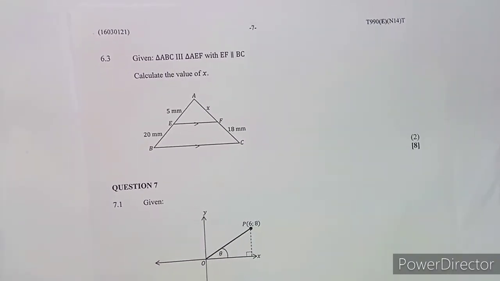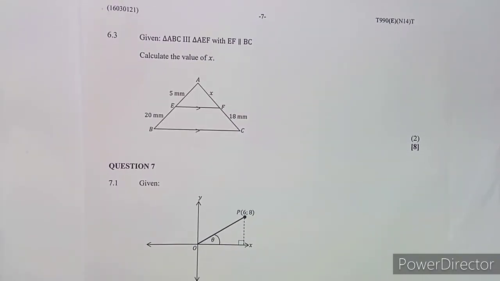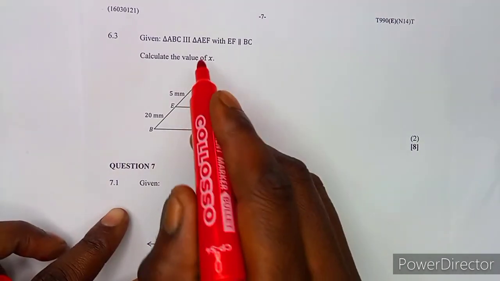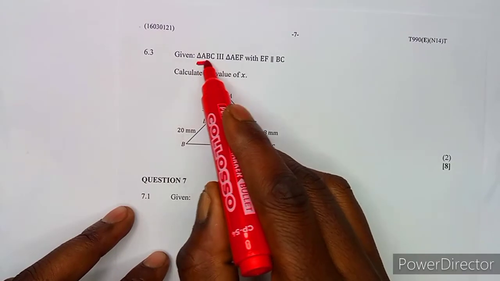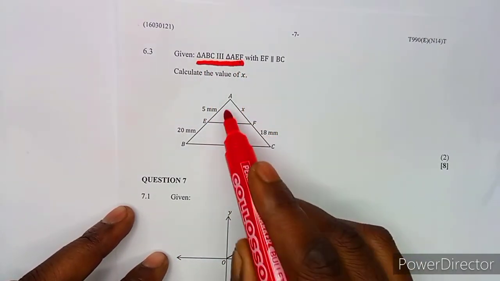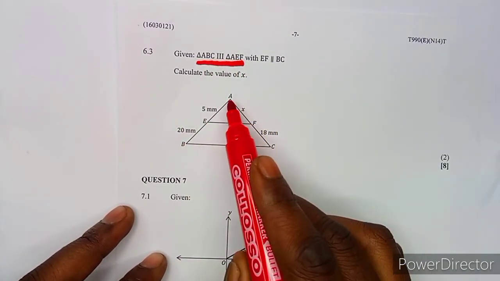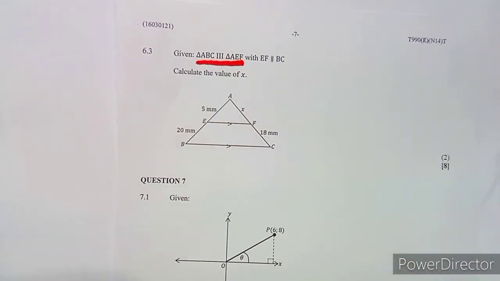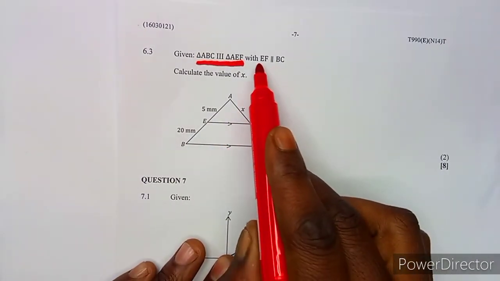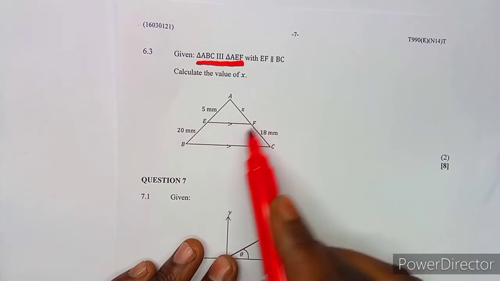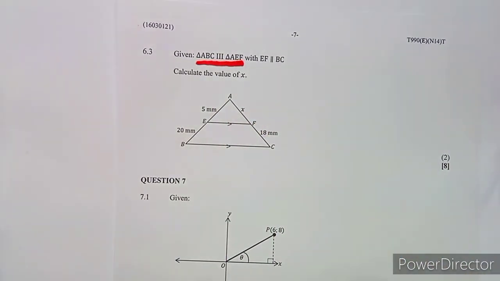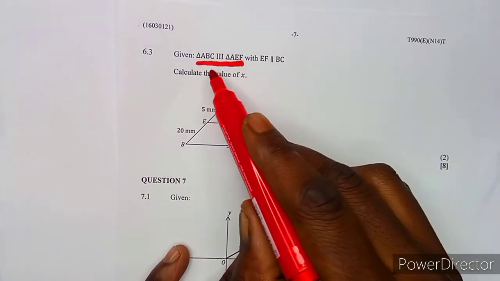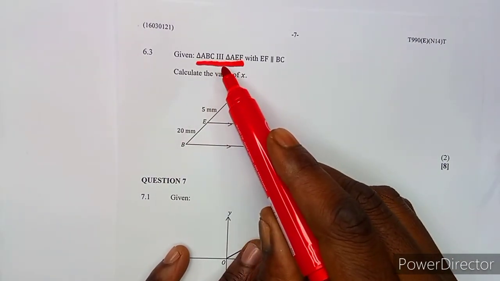We are given that triangle ABC is similar to triangle AEF, with EF parallel to BC. Calculate the value of x. We know that from similar figures, the ratio of sides is the same.